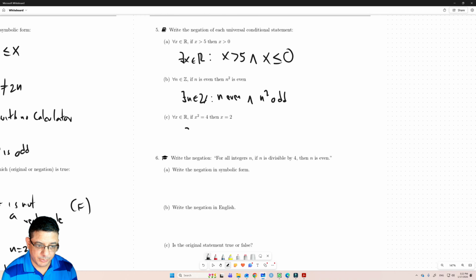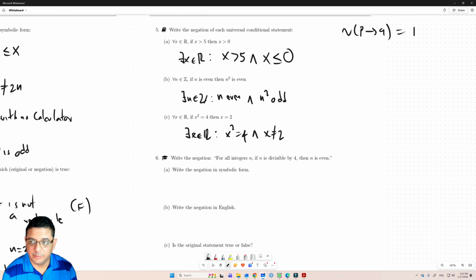The negation of this will be there exists x that belongs to R, so that x squared equals 4, and x is different from 2. Remember, the negation of P implies Q is always P and not Q. That's what we're using here.